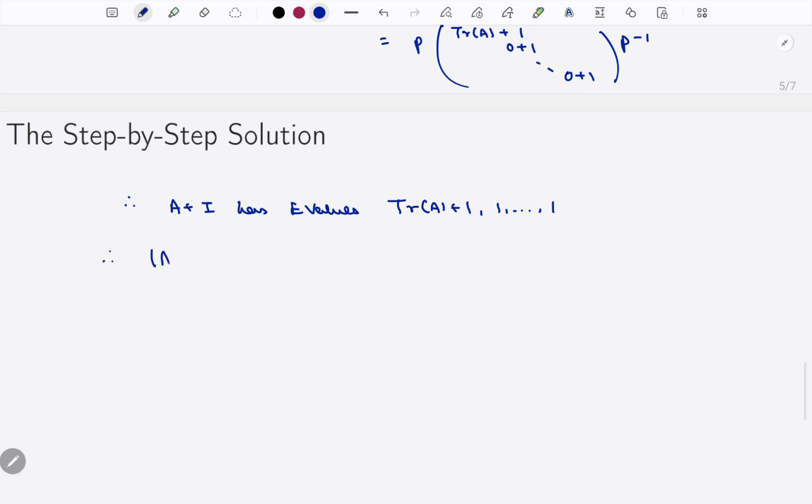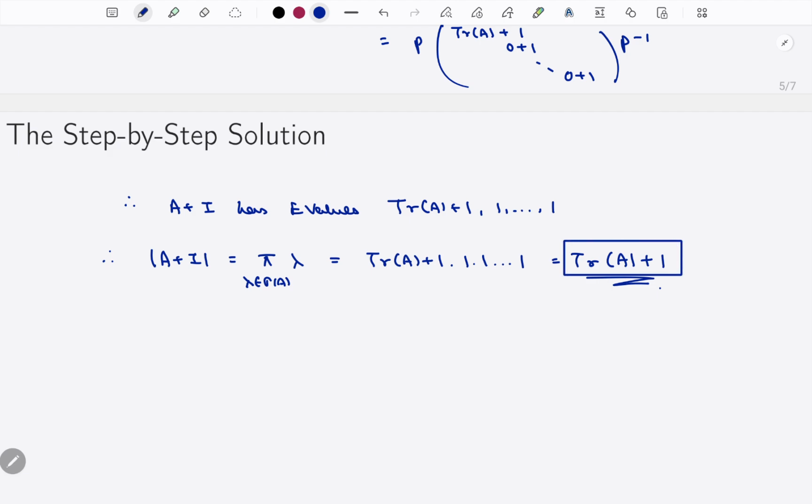So the determinant of A plus I, the product of the eigenvalues, equals trace of A plus 1 times 1 times 1 and so on, which is nothing but trace of A plus 1. And that's exactly the answer for your problem. Is it clear?